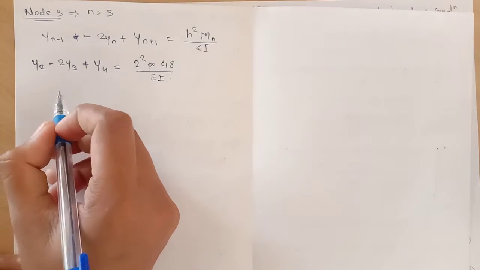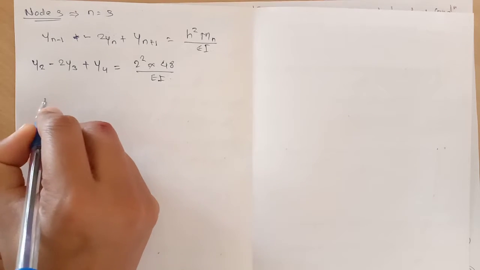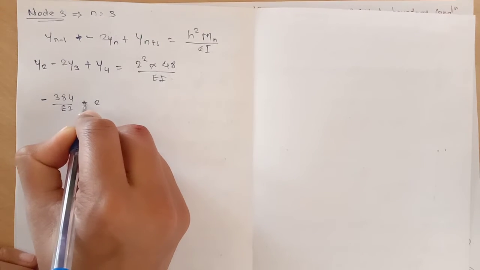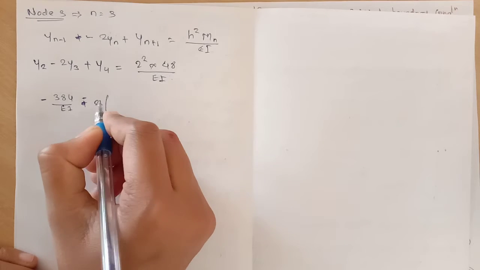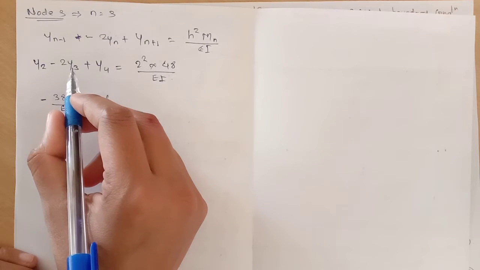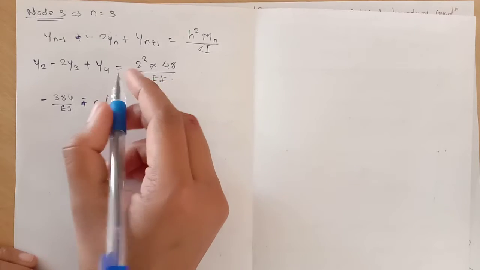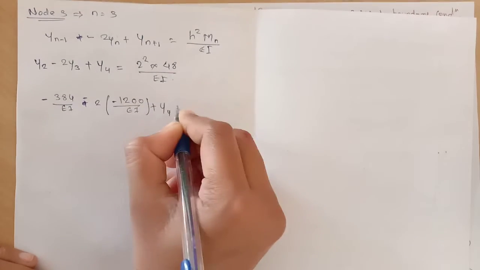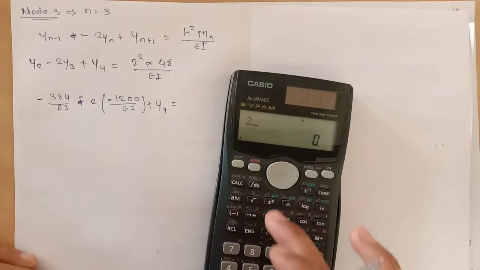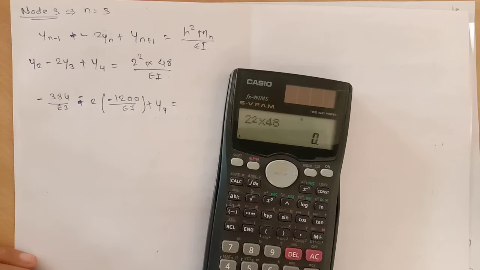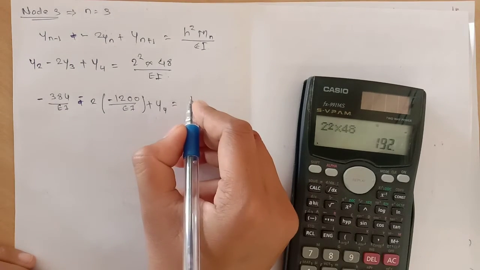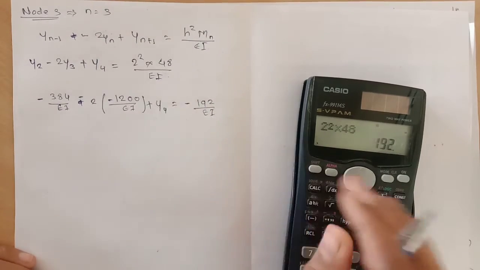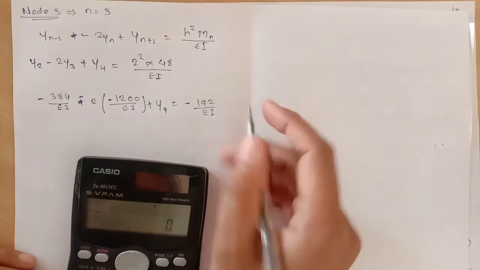Then we know that the value of y2 is minus 384 divided by EI, minus 2 into bracket, and we also know the y3 value, the deflection at the third nodal point, is minus 1200 divided by EI, plus y4 is equal to minus 2 squared into 48, that is 192, divided by EI, minus because of hogging bending moment. So solve this equation. This is equation number 3.